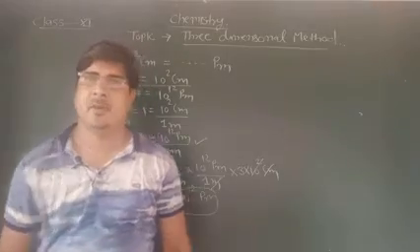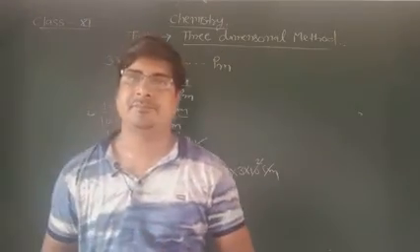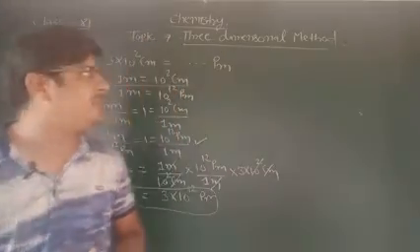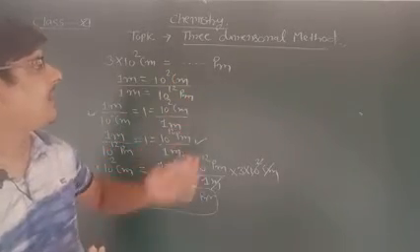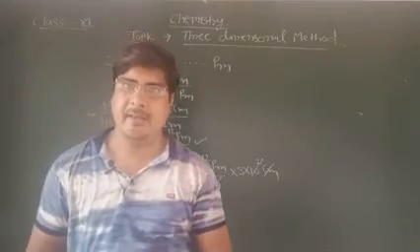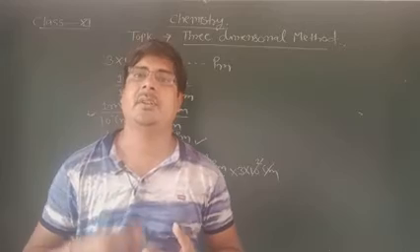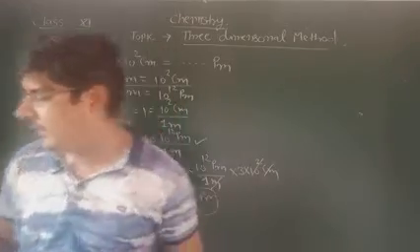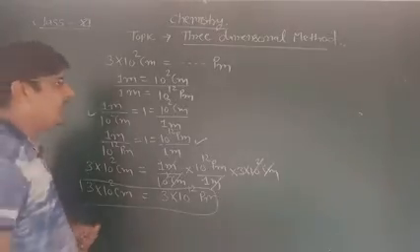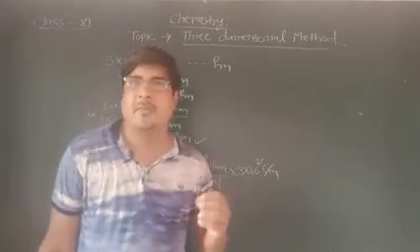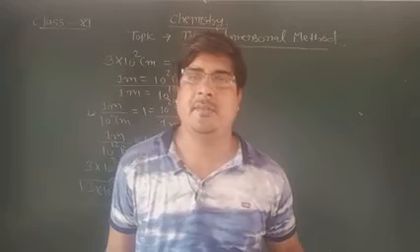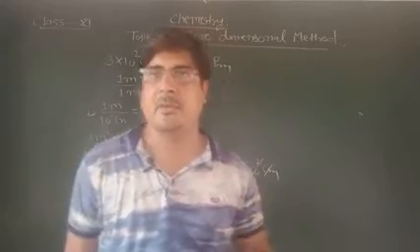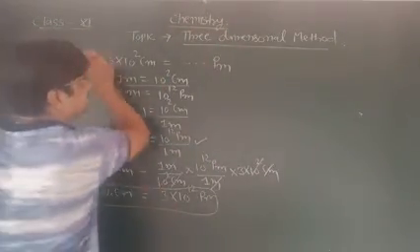Understand? This is very simple. By using the three-dimensional method, we can easily convert a unit into a larger unit or a smaller unit. I am giving you a question for your homework, and you can do it by pausing the video. I will tell you the answer quickly now.